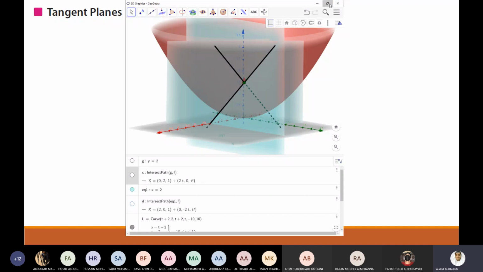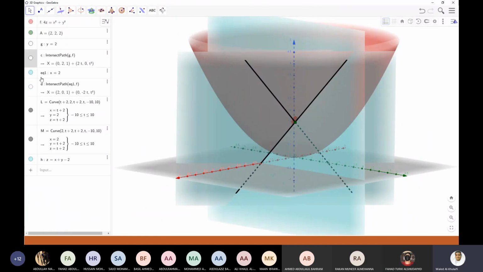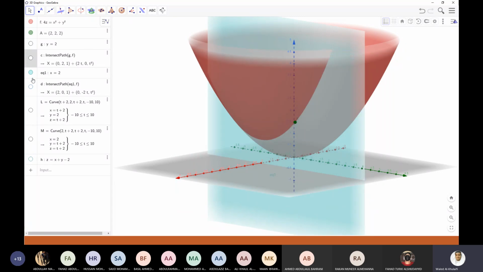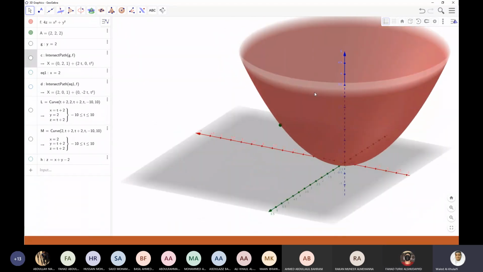This is the GeoGebra. Remember, we explored this. Okay, so let me hide these here. Let's assume we have a surface.